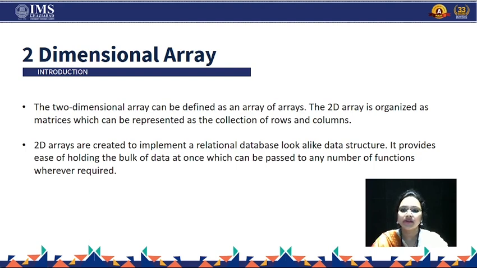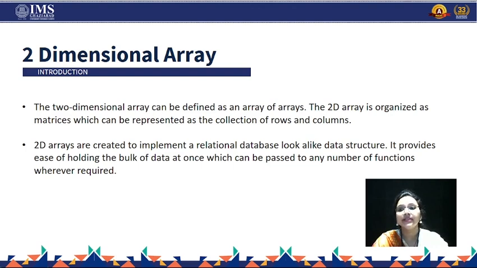The two-dimension array can be defined as an array of arrays. The 2D array is organized as matrices, which can be represented as a collection of rows and columns. So we can also say that it is like a database, a data structure.